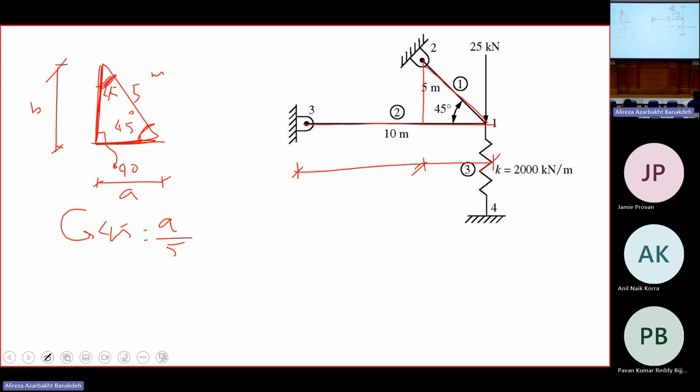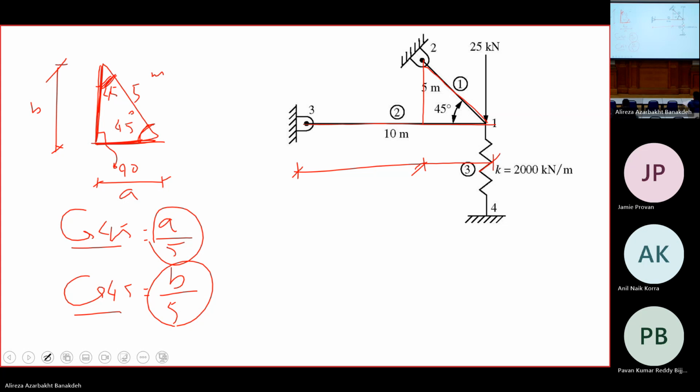Cosine of this other 45 is B divided by 5. So the left-hand side is cosine of 45, the right-hand side is A over 5, B over 5. So A should be equal to B. Right? And for any triangle which has a 90 degree angle like this, you can say A squared plus B squared is 5 squared.